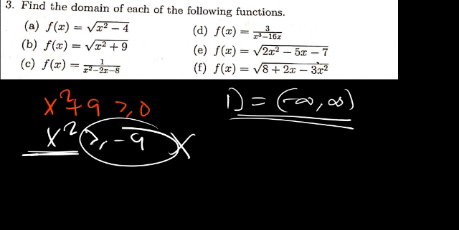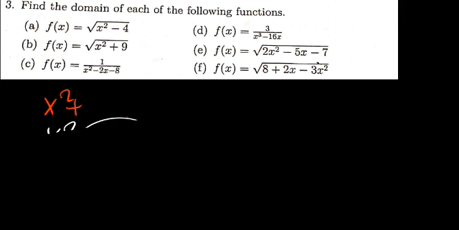It's different from the first one, because the first one there's a negative here. If I get any number, let's say -1, -1 squared is 1. 1 minus 4 is -3, which is undefined. But in this case, because there is a positive in between, any number can fit. So the domain is from negative infinity to positive infinity. Simple.